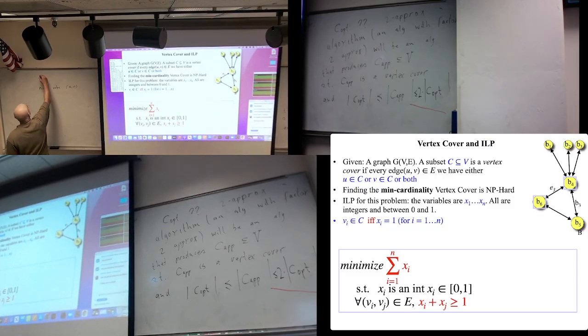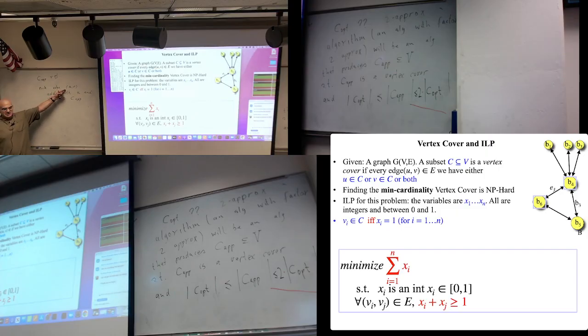So I'll take C approx to be empty as an init. I'll pick an edge UV, and add both U and V to C approx.